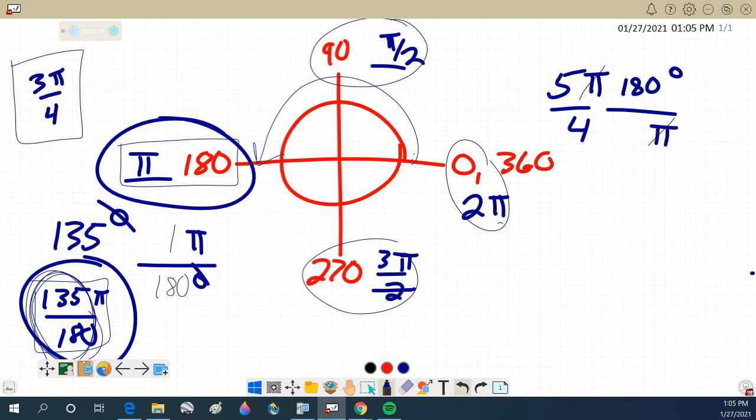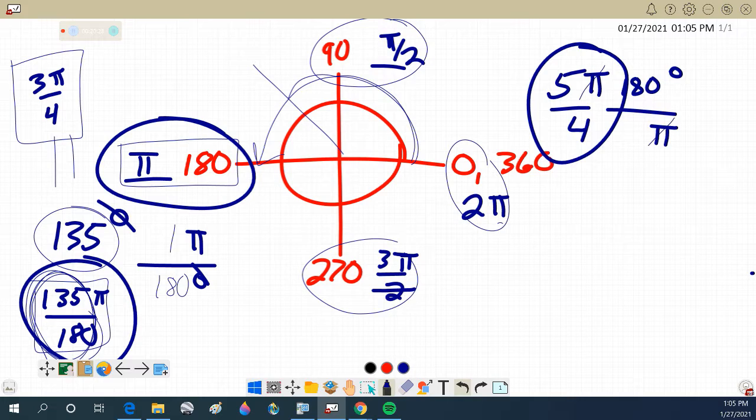So this would be 1/4, 2/4, 3/4. Well, right here, we stated that those are equal. Where is 135? 135 is halfway between 90 and 180. Okay, what about this angle? Where is it going to land?